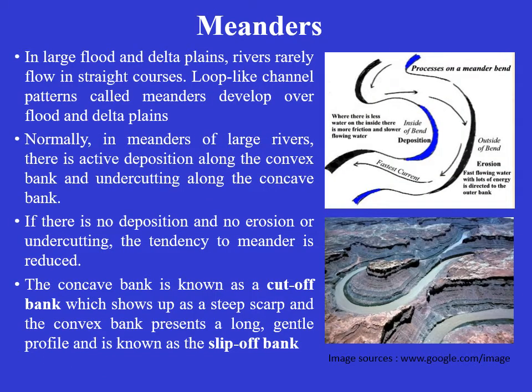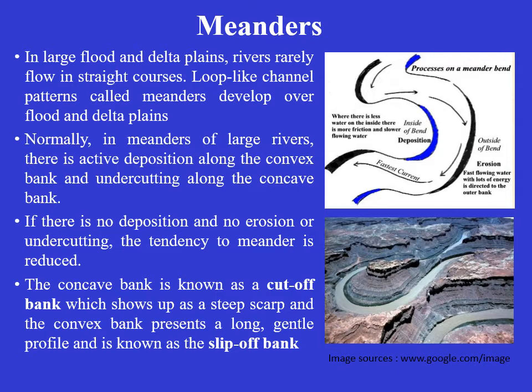So this is the course of a meandering river, where you can also see that the erosion occurs mostly in the concave bank, whereas deposition occurs in the convex bank. Now, normally in meanders of large rivers, there is active deposition along the convex bank and undercutting along the concave bank.